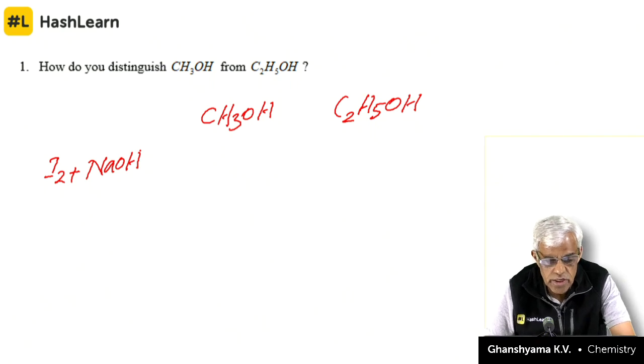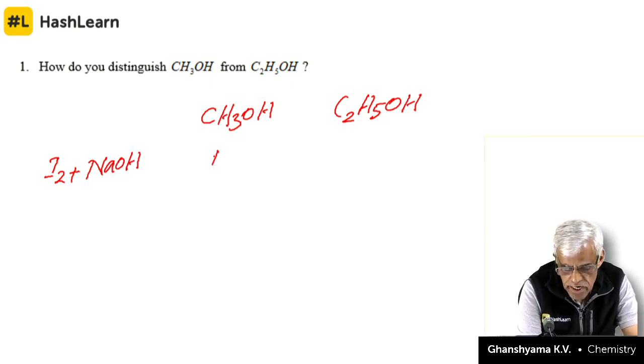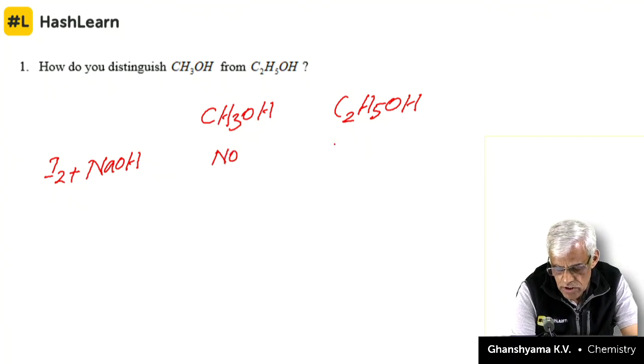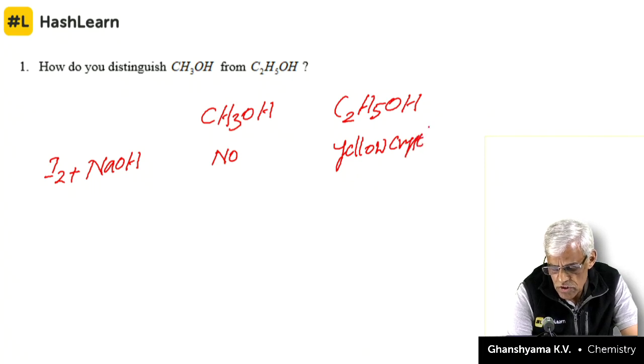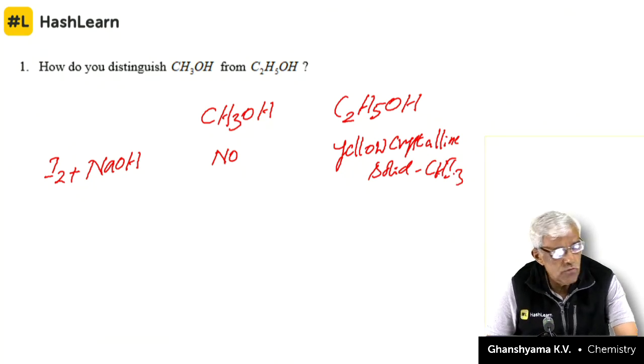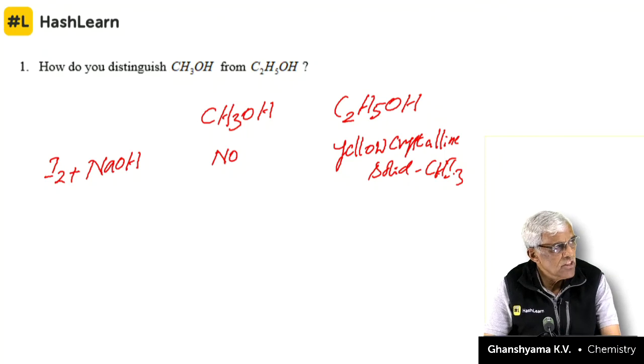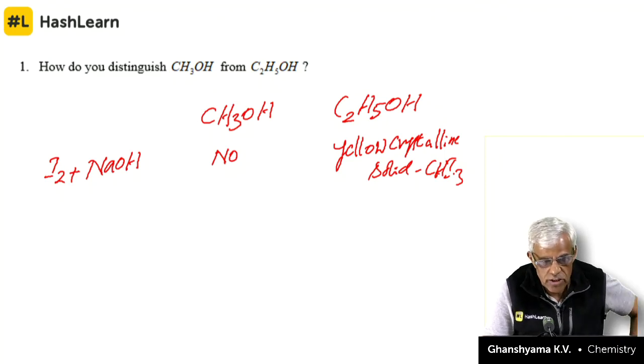Methanol gives no reaction, whereas ethanol gives a yellow crystalline solid, and this solid is iodoform. That is methanol and ethanol.